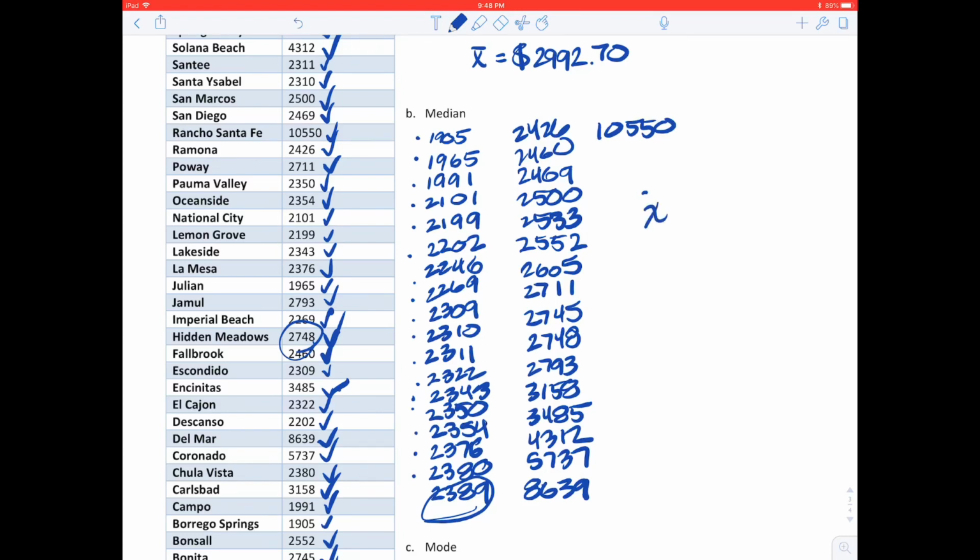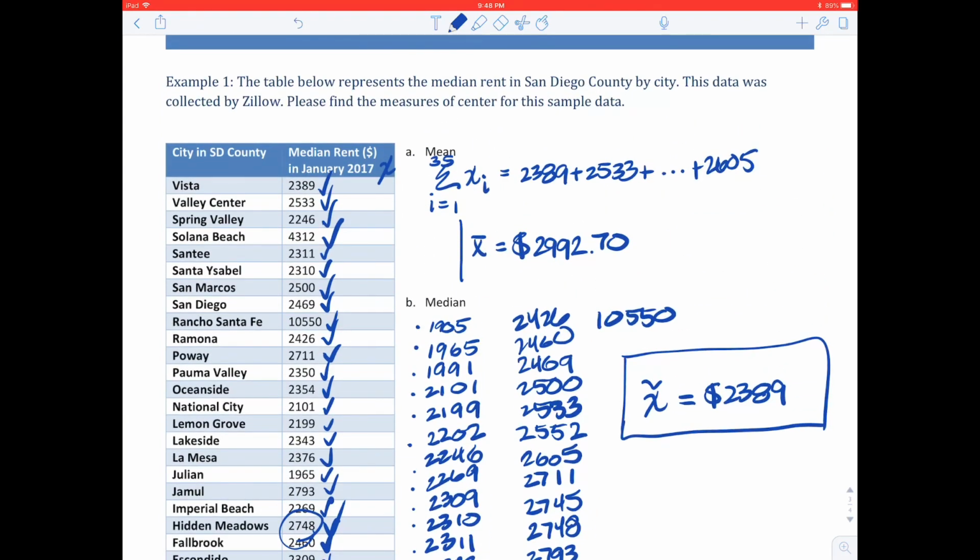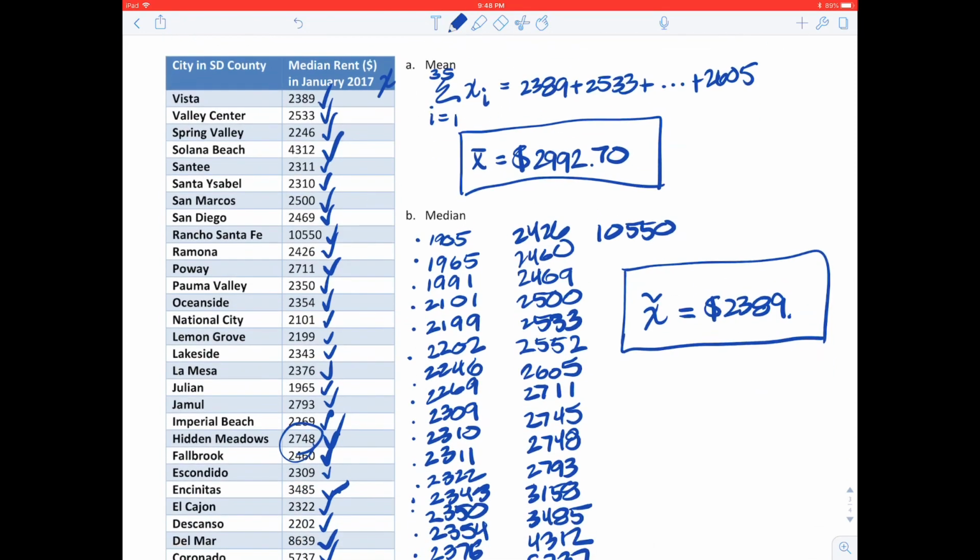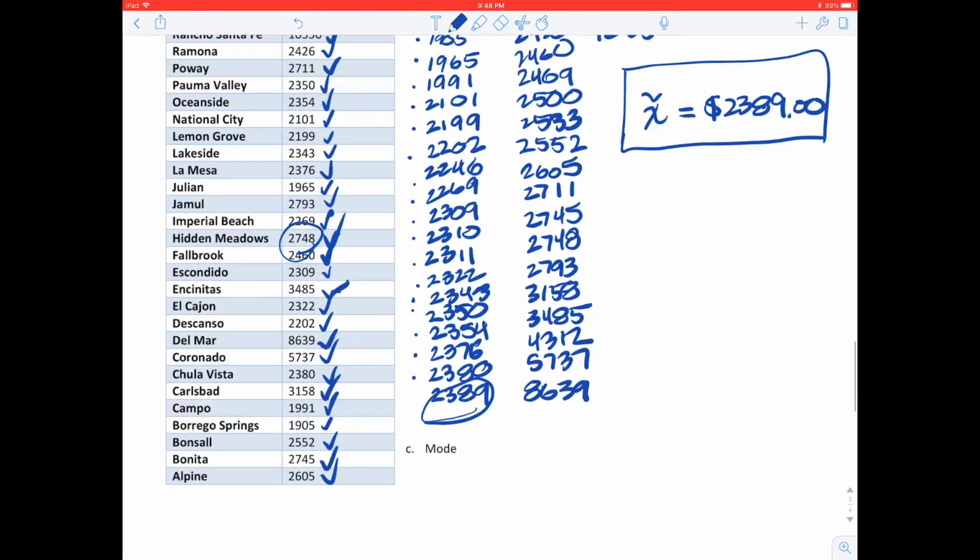So the median is 2,389 buckaroonies. Cool? All right. Let's box our results. And this one, there was no rounding, but since we're in dollars, we'll just say 0, 0.